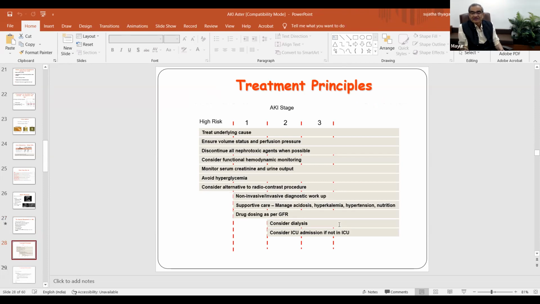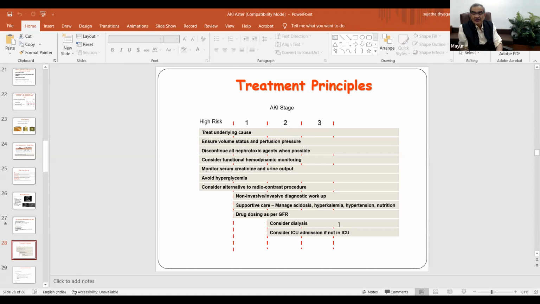So the treatment principles remain as we said, depending on the stage of AKI. So treat the underlying cause, ensure volume status and perfusion pressure. Avoid using excessive vasoconstrictors, because those will reduce renal perfusion. Discontinue all nephrotoxic agents when possible or alter their dosage.